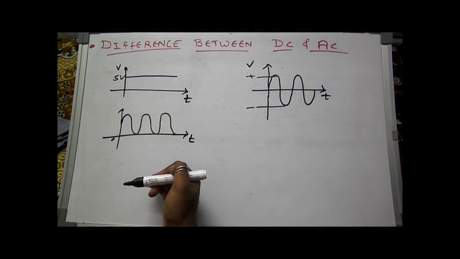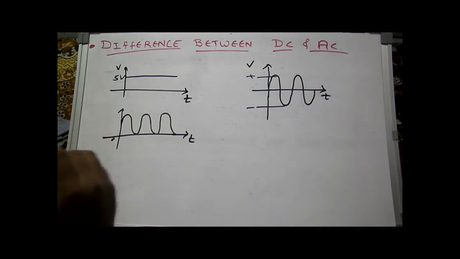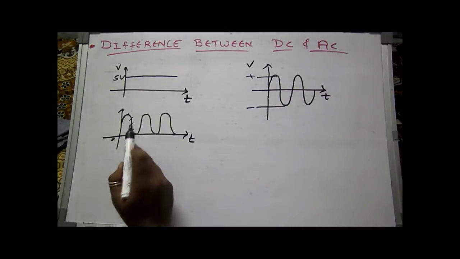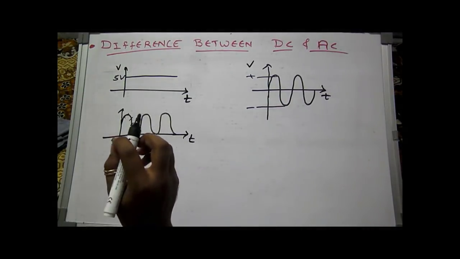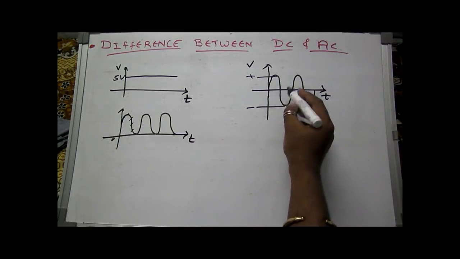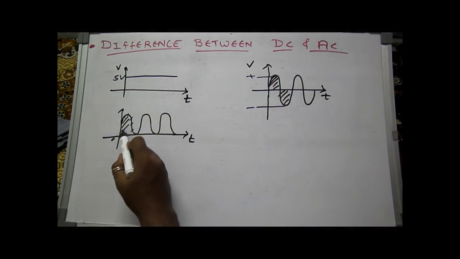It is not going negative, it is remaining positive. Yes, this value changes as it is a sinusoidal wave. The instantaneous value with respect to time changes, but it doesn't alternate like in AC. In AC we can see there is a positive cycle and again there is a negative cycle, but here there is only a positive cycle.